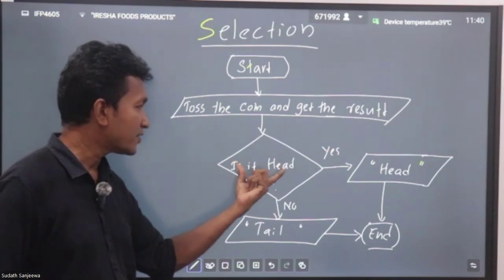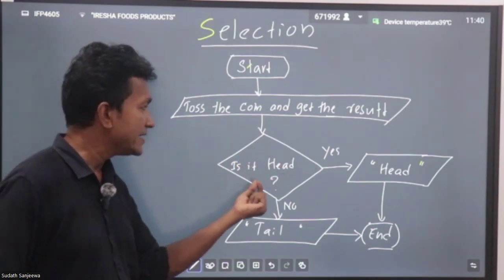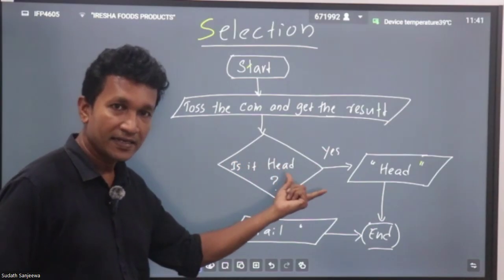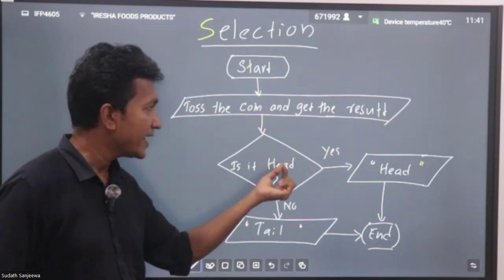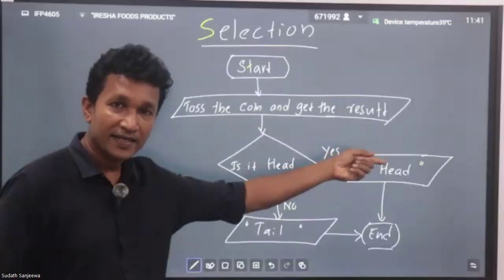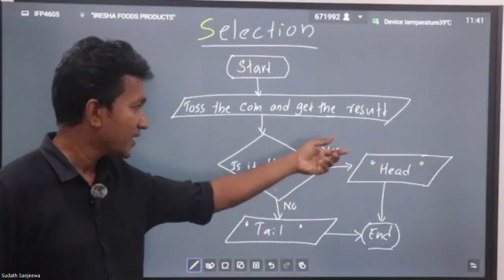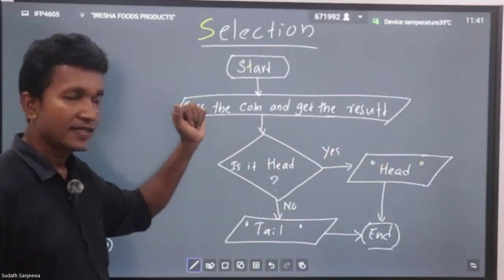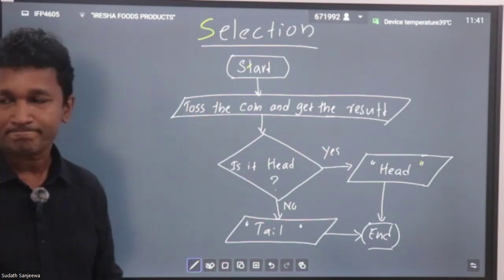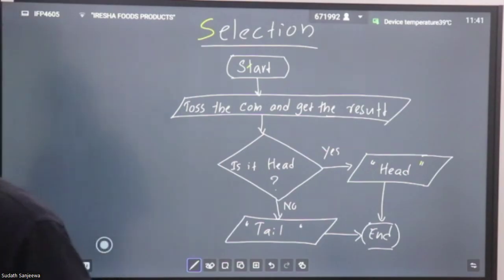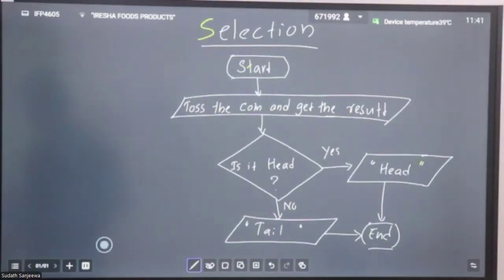If you ask the question this way, is it tail? If is it tail is yes, you have to display as tail. And if it is no, you have to display as head. Right?